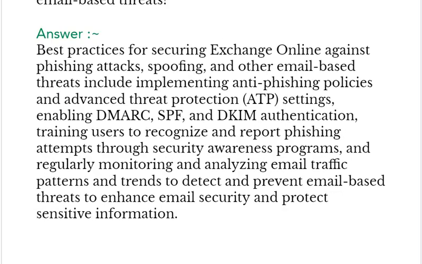Your answer should be: best practices for securing Exchange Online against phishing attacks, spoofing, and other email based threats include implementing anti phishing policies and advanced threat protection (ATP) settings, enabling DMARC, SPF, and DKIM authentication, training users to recognize and report phishing attempts through security awareness programs, and regularly monitoring and analyzing email traffic patterns and trends to detect and prevent email based threats to enhance email security and protect sensitive information.